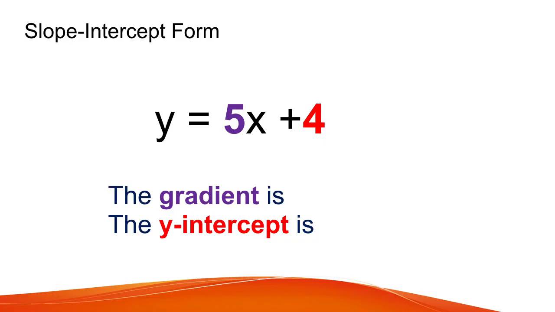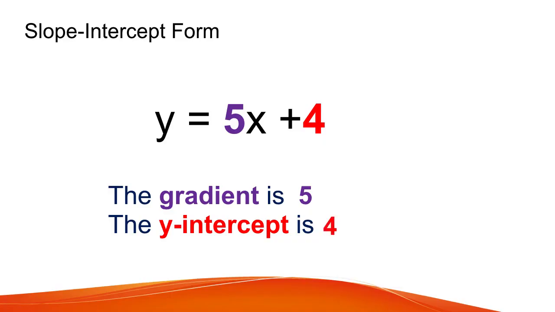So we can declare, yes, this is a straight line graph, because it's in the form of y is equal to mx plus c. So remember, the gradient is m, so the gradient is 5, and the y-intercept is 4.